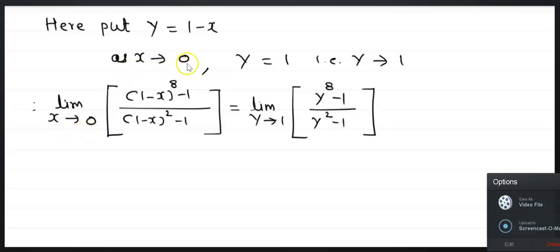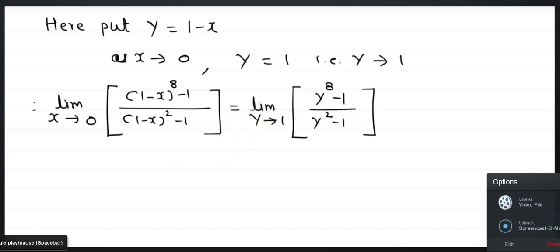Therefore, as x tends to 0, in this equation we substitute x is equals to 0, then you will get y is equals to 1. That is, we say that y tends to 1. Whenever x tends to 0, y tends to 1. When we replace x by y, at the same time, we also change the limit of that function.